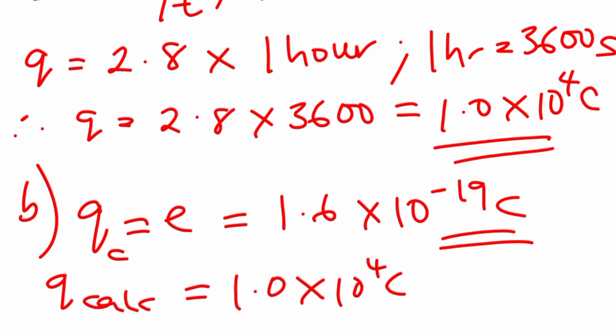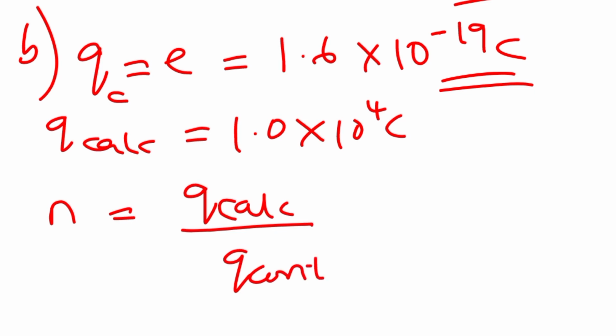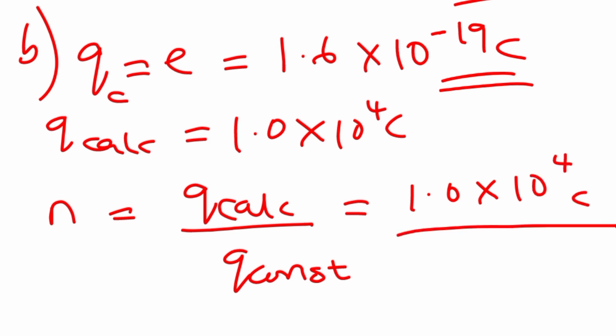In order to know the number of electrons that flow through the car tail light, N is the ratio of Q calculated divided by Q constant, which equals 1.0 times 10 to the power of 4 coulomb, all divided by 1.6 times 10 to the power of negative 19.